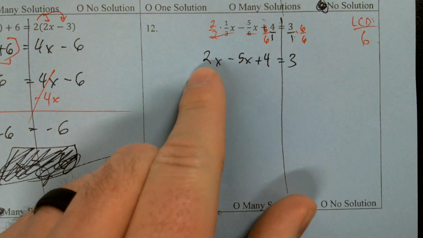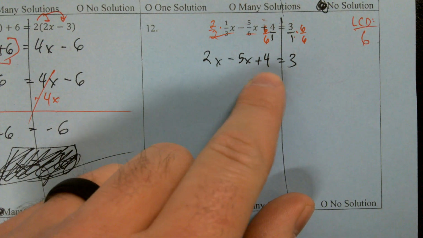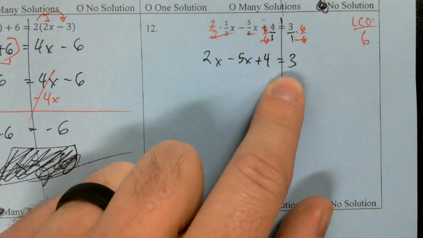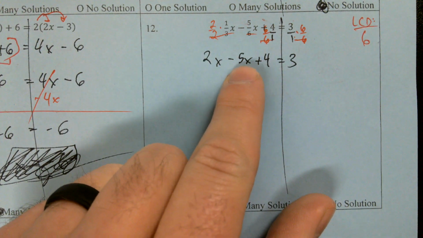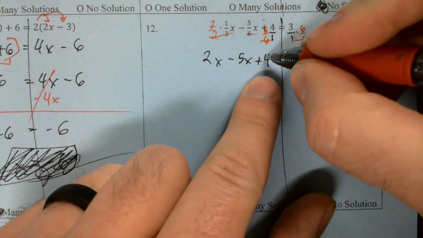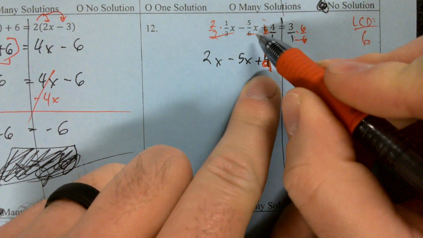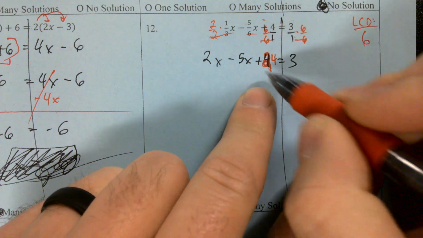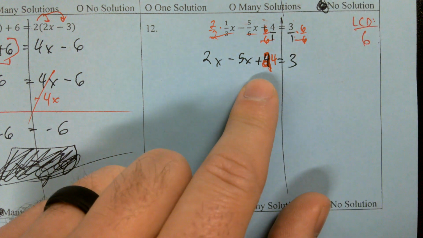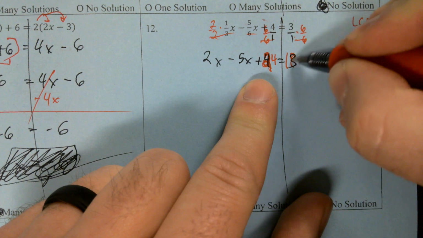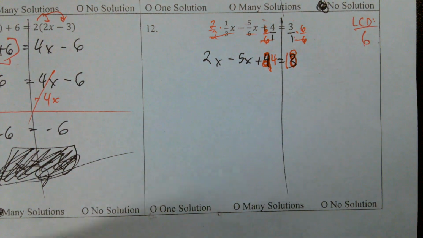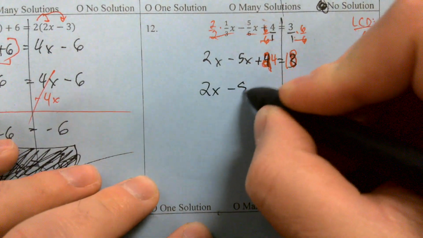So it is not 2x minus 5x plus 4 equals 3. It's 2x minus 5x plus 24 equals, 6 times 3, 18. And that's messy, so I'm going to rewrite it so we can read it.